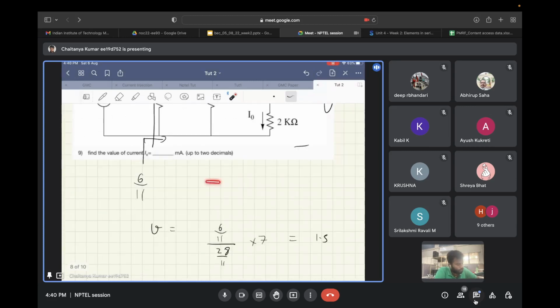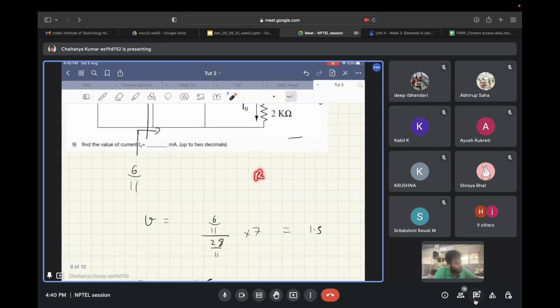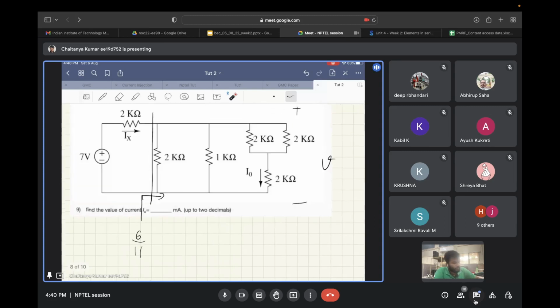If you have R1 and R2 in series with a voltage source V, the voltage across R2 is R2 by R2 plus R1 times V. Similar concept you will apply. This is R1 and this complete thing is R2.